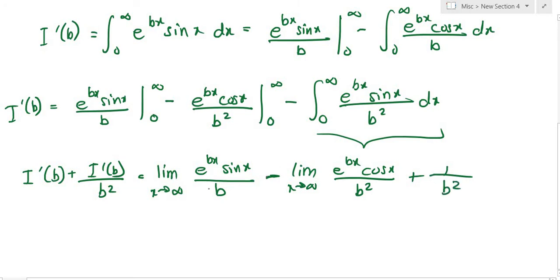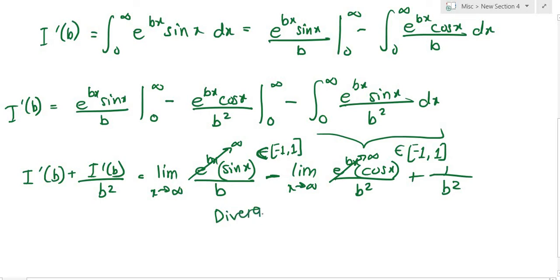Now notice that as x goes to infinity, this will blow up to infinity and sine will basically oscillate between -1 and +1, and it will have some value, we don't know exactly. Same with this thing, it will blow up to infinity. Cosine, just like its companion sine, will keep oscillating between -1 and 1, so we can't make sense of this. So both of these diverge, and then we just have this lone 1 over b squared term.